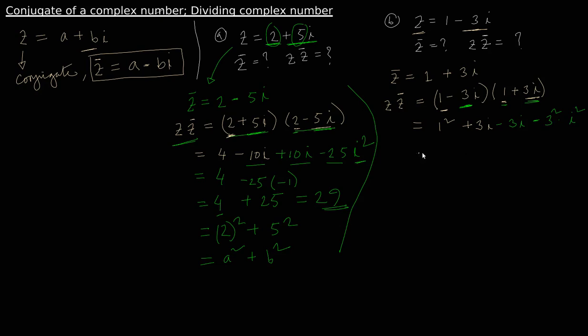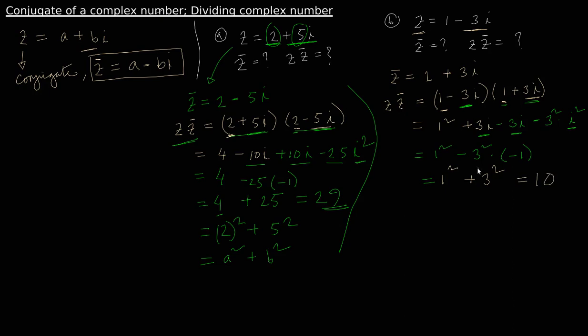So I get 1 square, and positive 3i and negative 3i cancel out each other. What I'm left with is negative 3 square i square, and i square, as you know, is negative 1. So I get 1 square, and negative times negative is positive, so plus 3 square, which is actually 10.